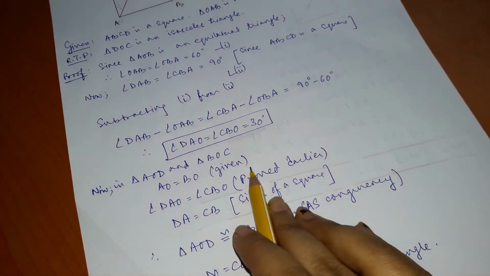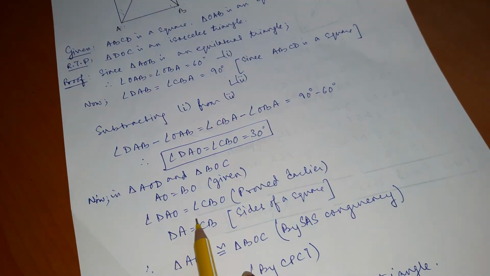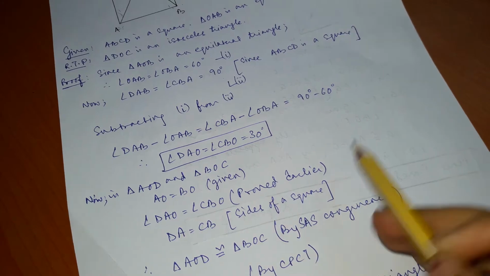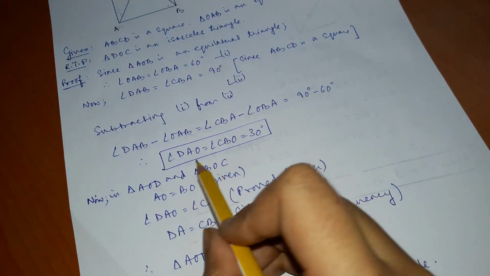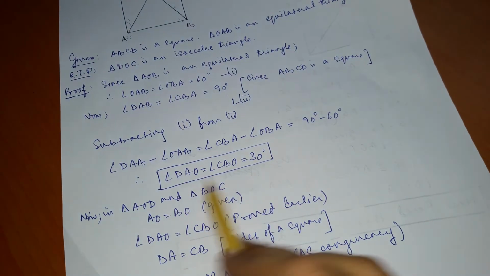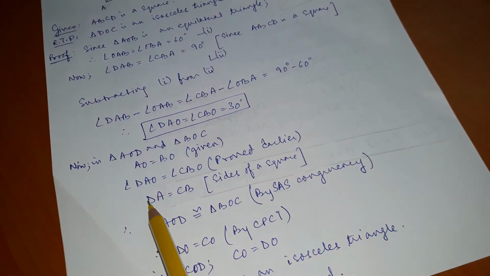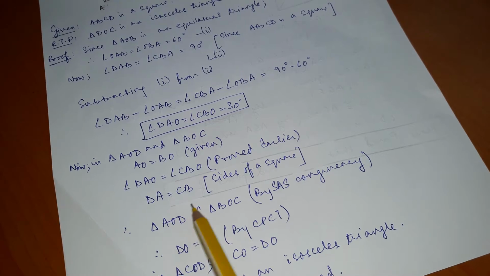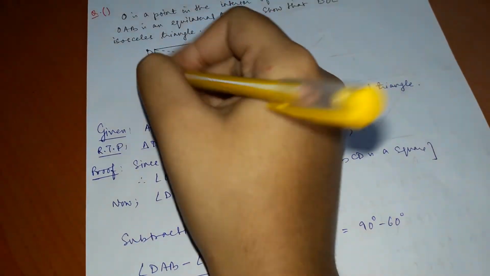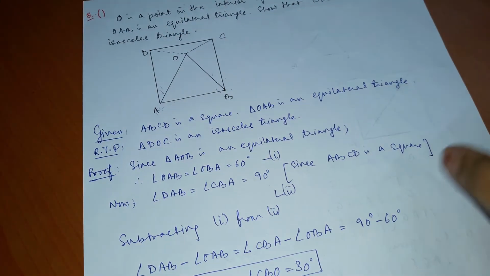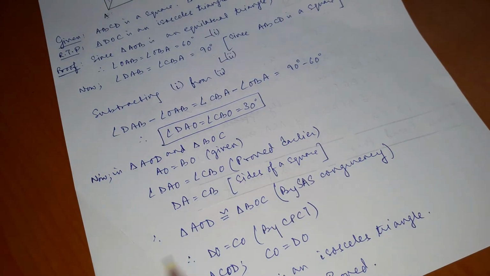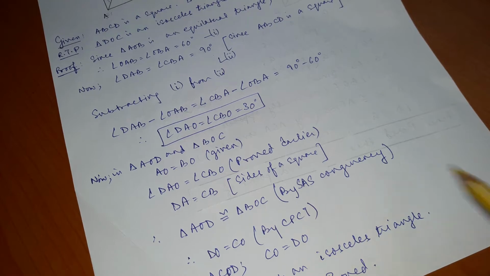Angle DAO equals angle CBO, we have proved this earlier. And DA equals CB, sides of a square. So triangle AOD is congruent to triangle BOC by SAS congruency.